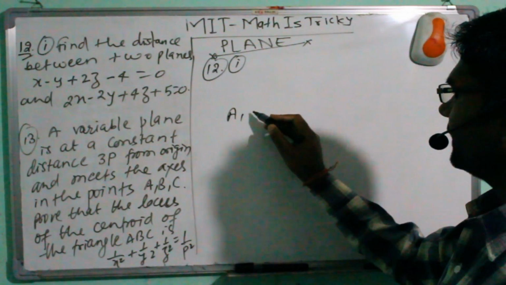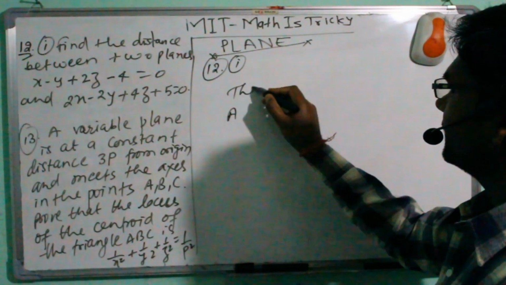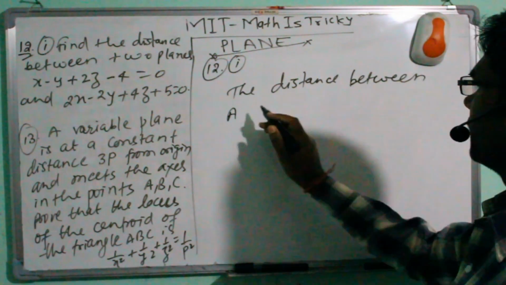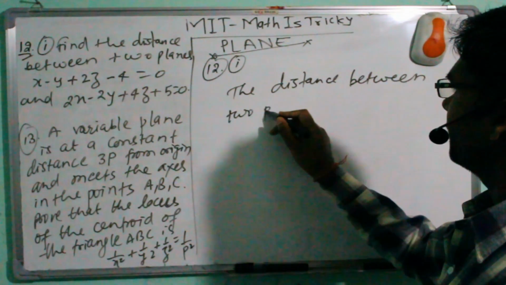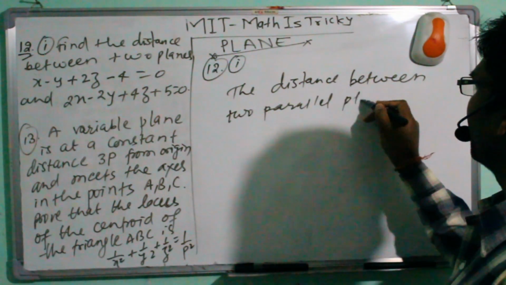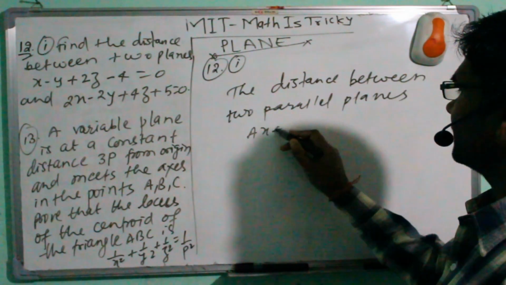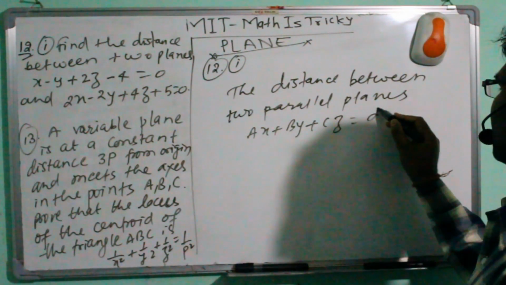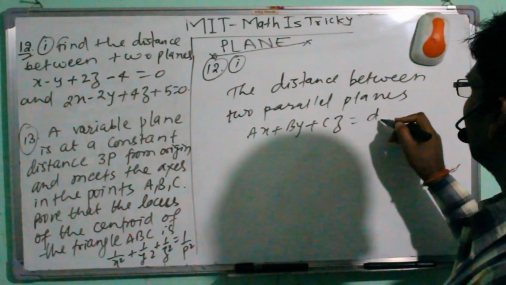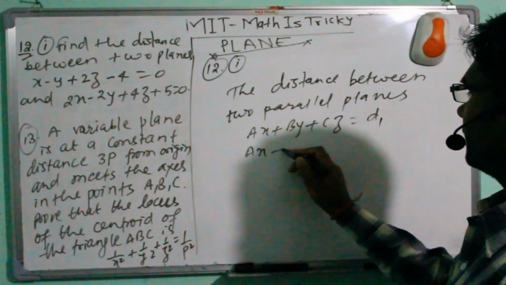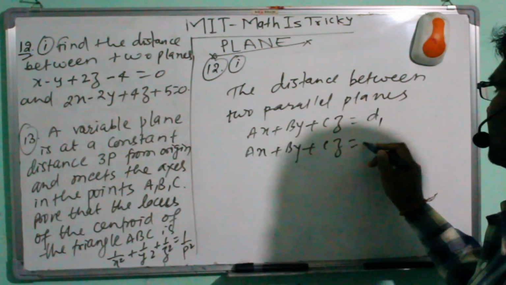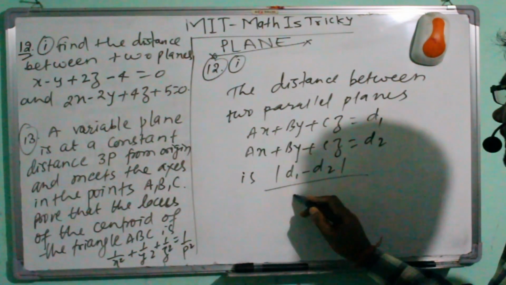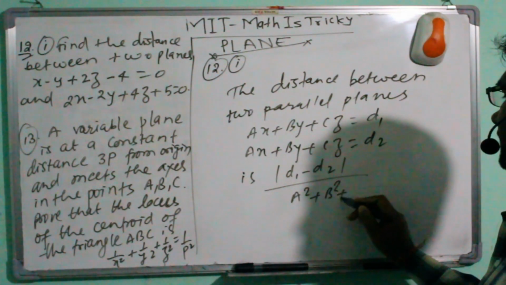The distance between two parallel planes ax plus by plus cz equals d1 and ax plus by plus cz equals d2 is simply the modulus of d1 minus d2 by square root of a square plus b square plus c square.